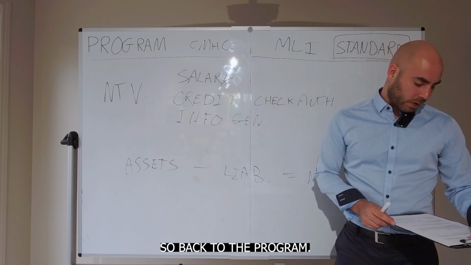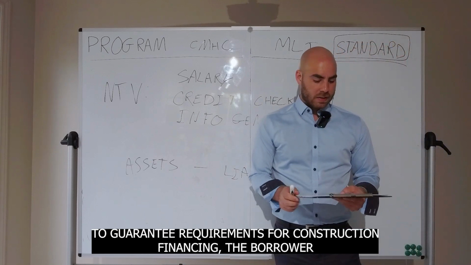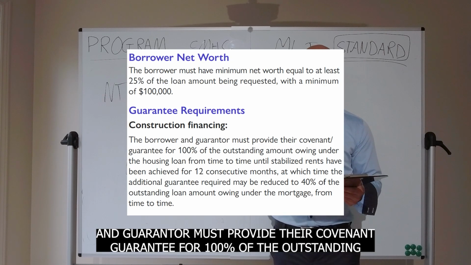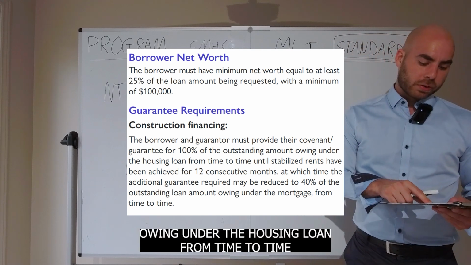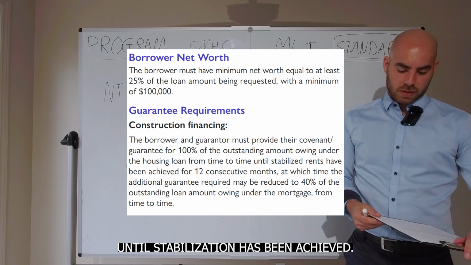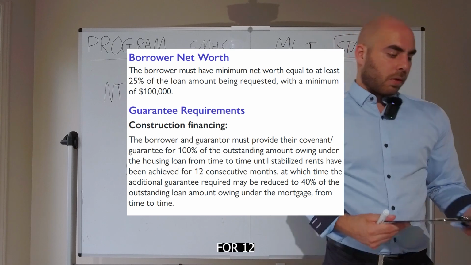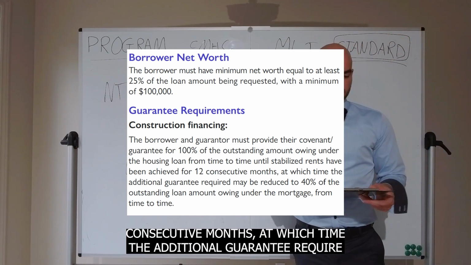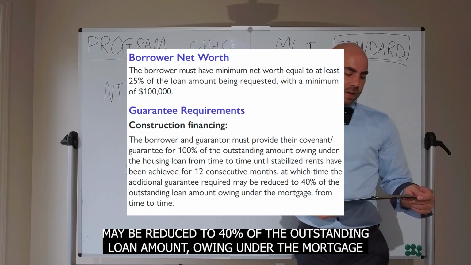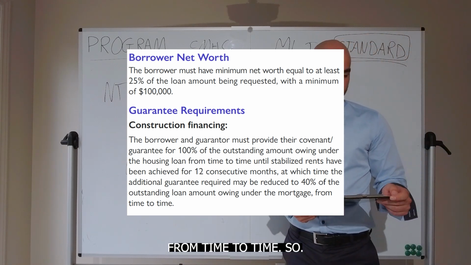So back to the program guarantee requirements. For construction financing, the borrower and guarantor must provide their covenant guarantee for 100% of the outstanding amount owing under the housing loan from time to time until stabilized rent has been achieved for 12 consecutive months, at which time the additional guarantee required may be reduced to 40% of the outstanding loan amount owing under the mortgage from time to time.